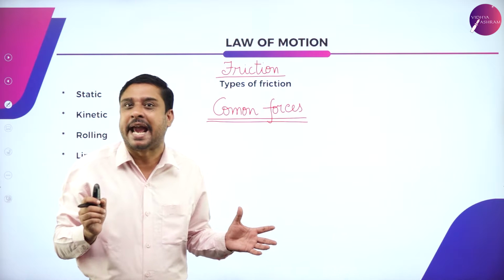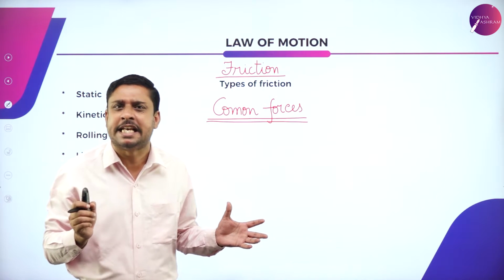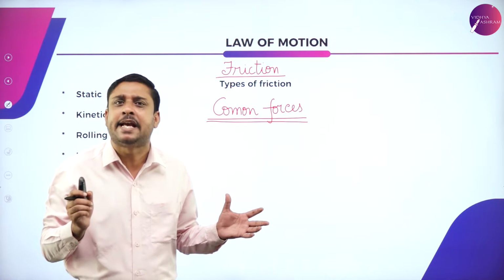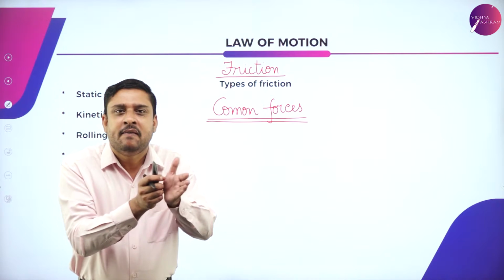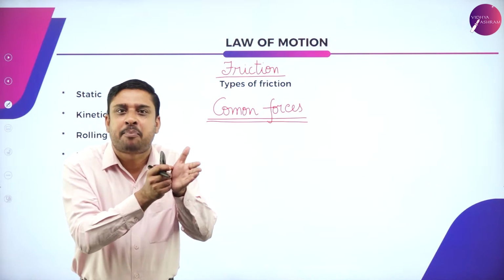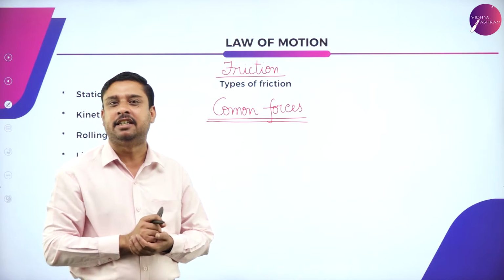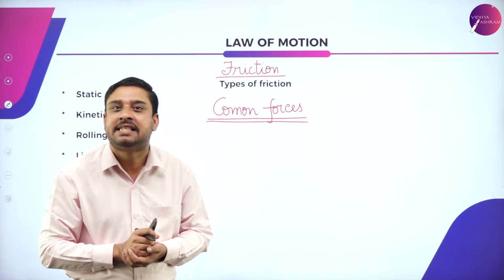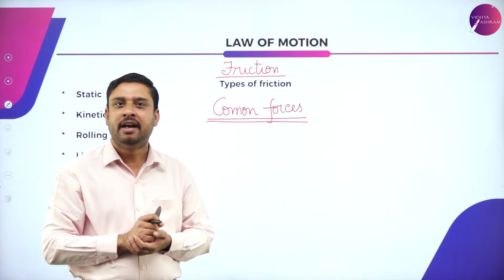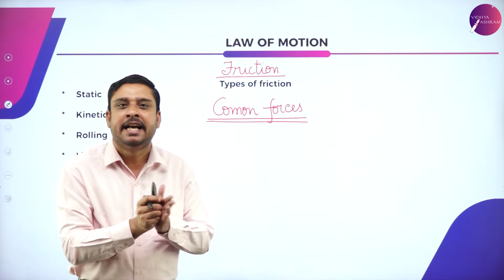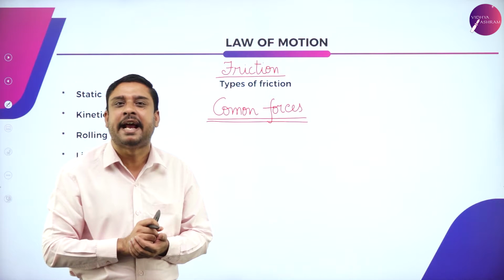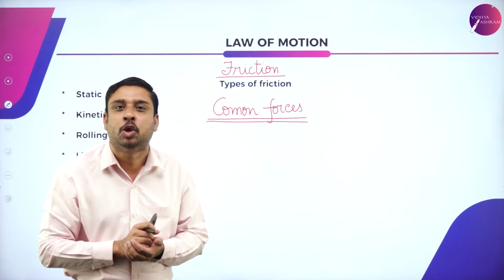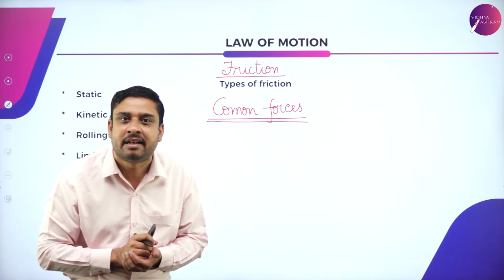On a chill day, when the weather is very, very cold, we rub our palms together so that heat is generated. And we say here, heat is generated due to friction.